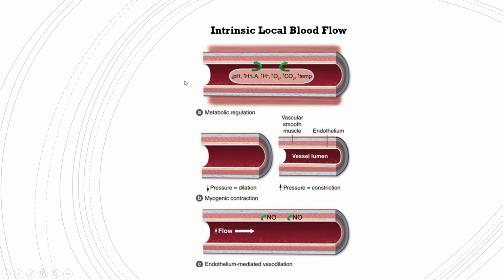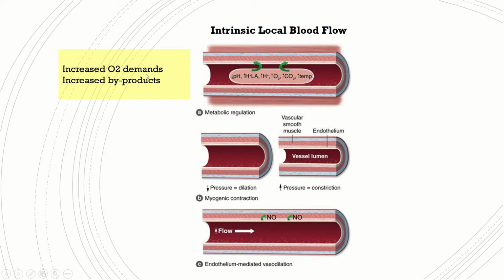So what are some of the things that activate the vasodilation of arterioles and arteries? Locally, they're capable of their own kind of regulation. Changes in metabolic needs are going to be one of the biggest drivers for vasodilation and vasoconstriction of arterioles.